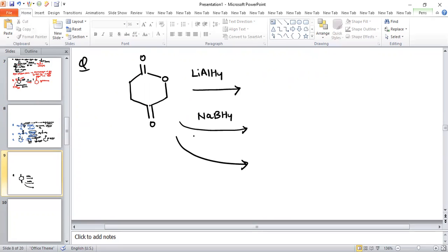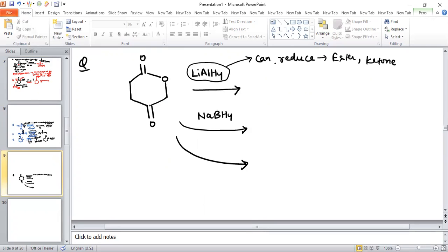first of all, when you use LiAlH4, what happens in this case? This LiAlH4 can reduce ester and also ketone.